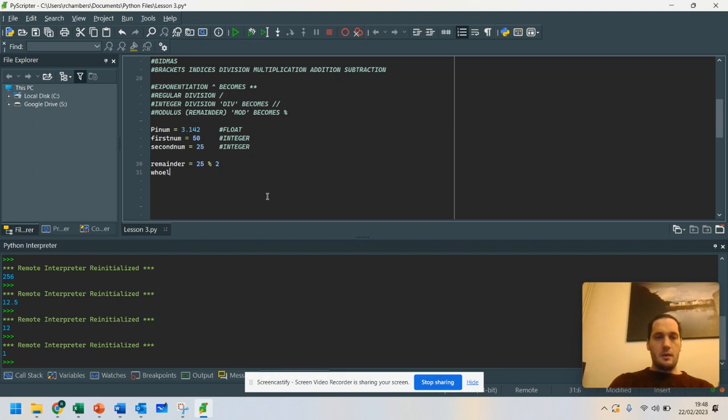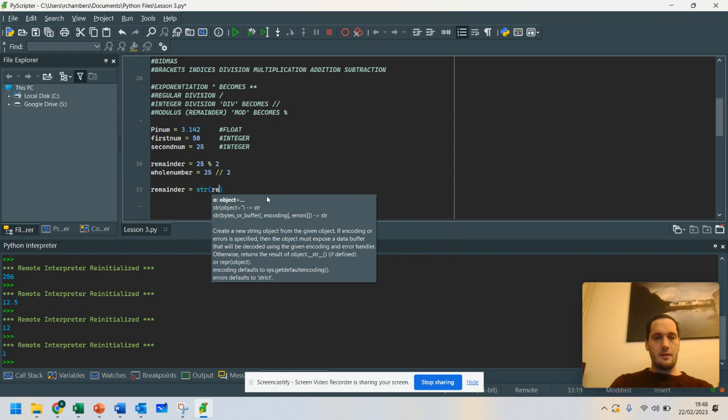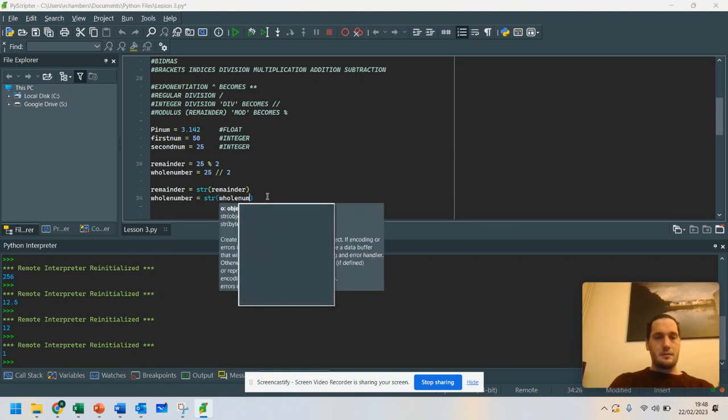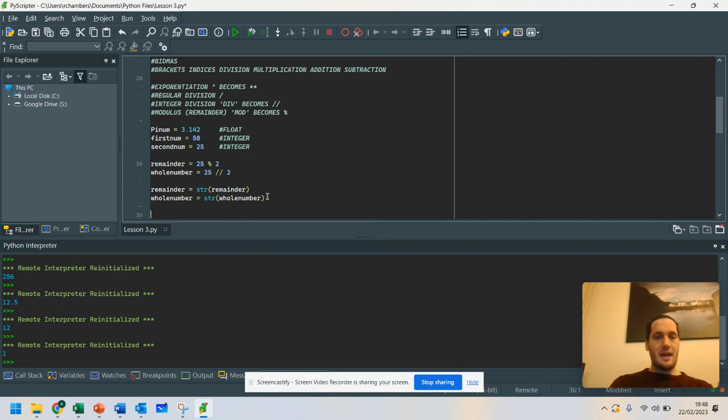We're going to go whole number equals 25 by 2. Now, what I'm going to do here, just so you can see, I'm going to go remainder equals str, remainder. Now, what that's done is converted it from an integer into a string.